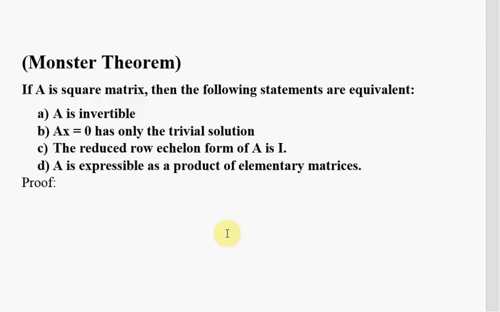So one implies the other, and even the conclusion of the conclusion should imply the first, initial statement. So I will just take it straight as it is and assume the first part, assume that A is invertible, to prove that the system AX equal to 0 has only the trivial solution.